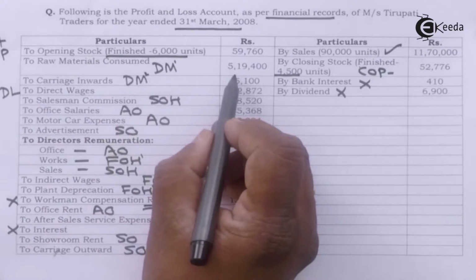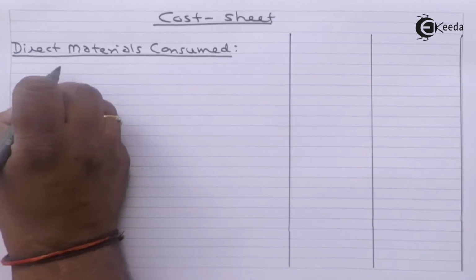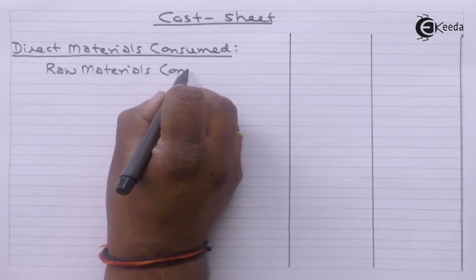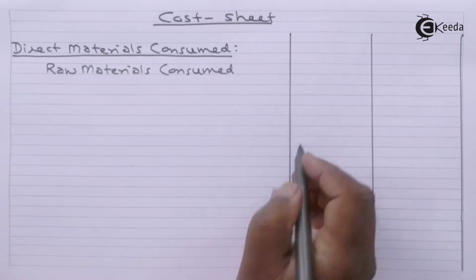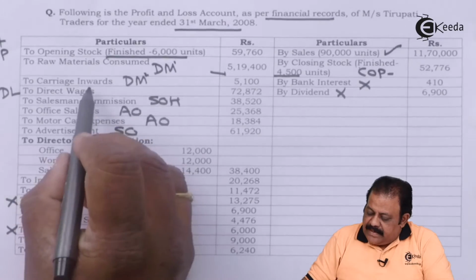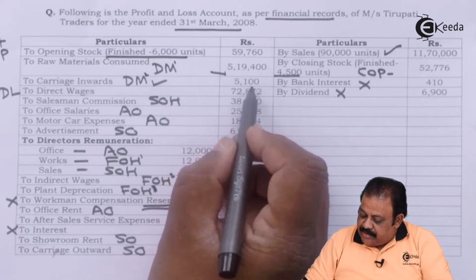Raw material consumed 5,19,400. Carriage inwards, it will be part of direct materials, 5,100.